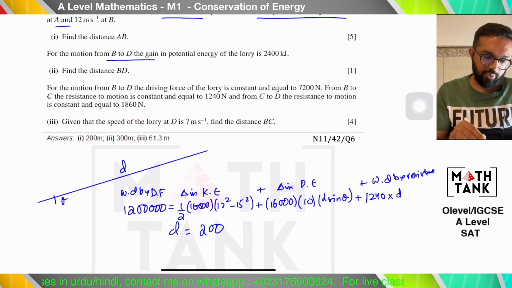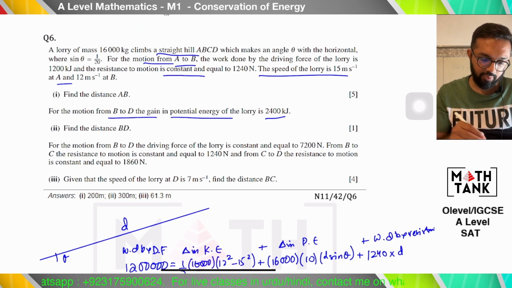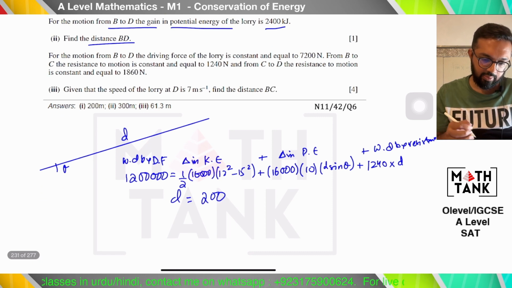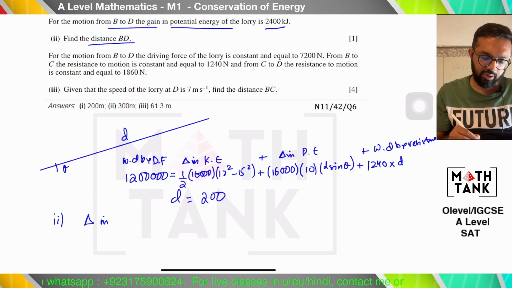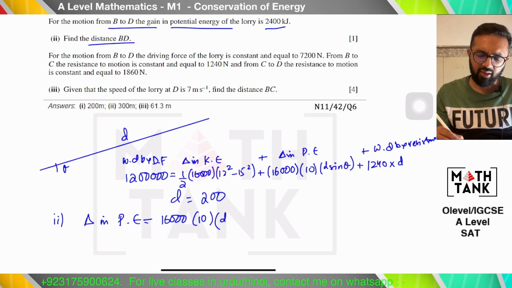From the motion from B to D, the gain in potential energy of the lorry is 2400. Find the distance BD. That's simple. Change in PE is mgh, and h is again d sine theta.